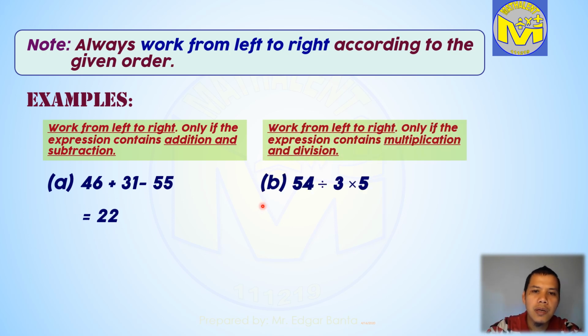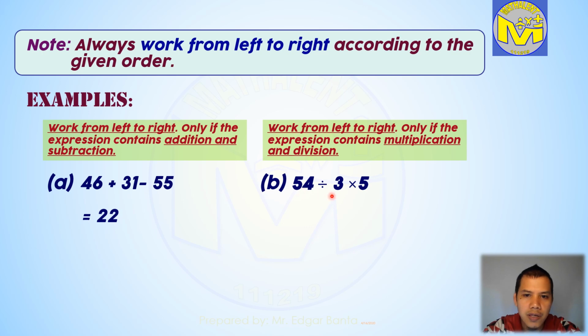Another rule. We will work from left to right only if the expression contains multiplication and division. Look, we have division and multiplication. We will do it from left to the right. Okay, left to right. So first we will divide because it is the first.